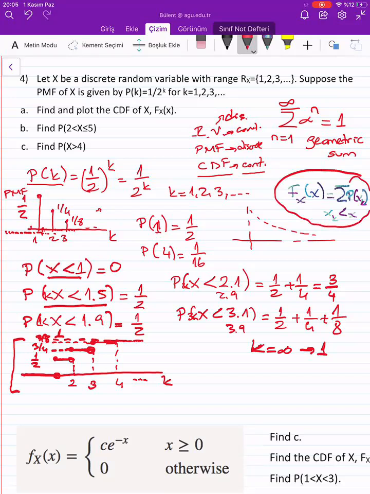So we take the probabilities before that value, okay? This is x_k less than x. So this x will be the value somewhere here, okay? It's kind of a threshold as we discussed in the class, okay? So I hope you understand this part.